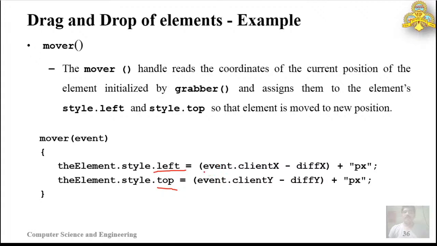Observe here, from the event, the clientX minus the difference of x. The difference of x is specified by the grabber. So from these two statements the element's coordinates are changed to the current mouse position.